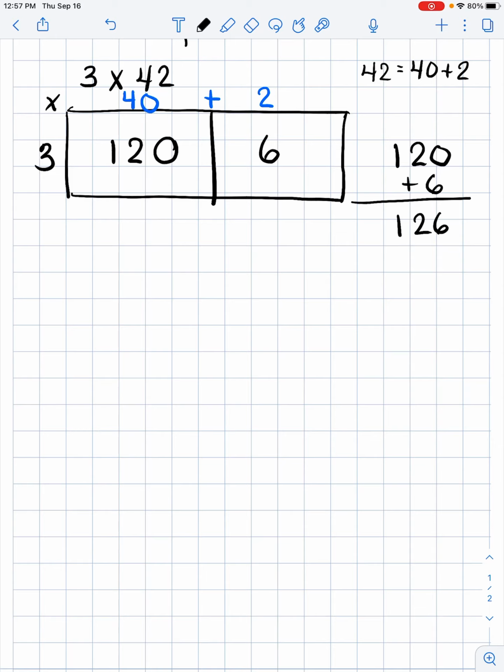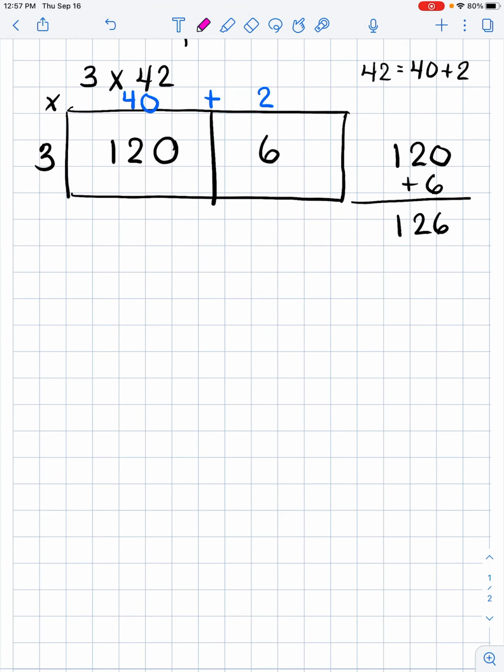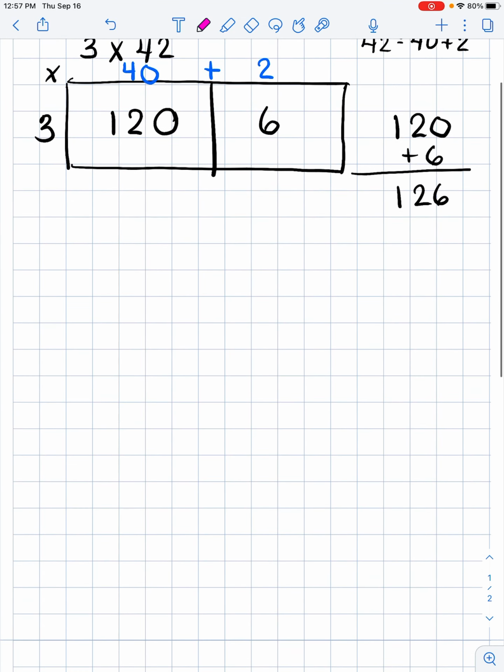Now we're going to do, let's make a different color for a little variety. Let's do 23 times 56.